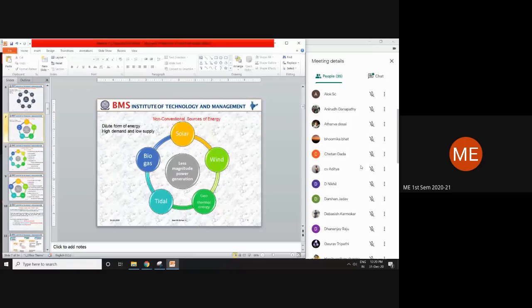Then it becomes a volcano. It is nothing but very hot stones coming out from the earth surface. If you are able to extract that heat, that method is called extraction of electricity with the help of geothermal energy. That concept is called geothermal energy.